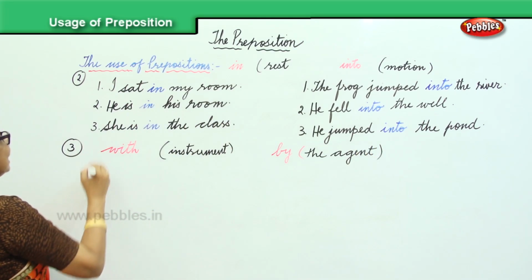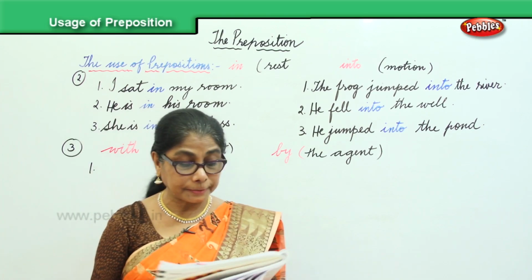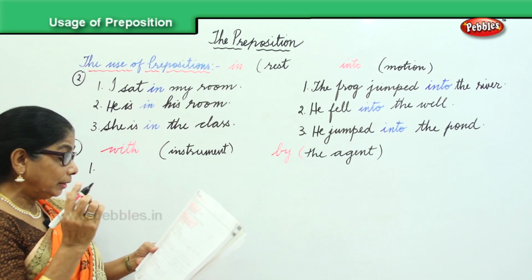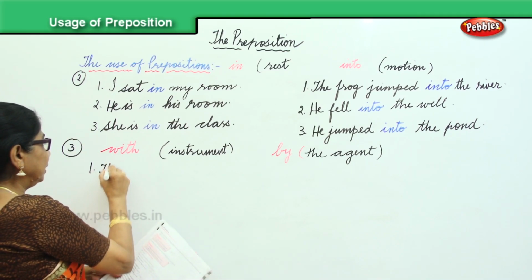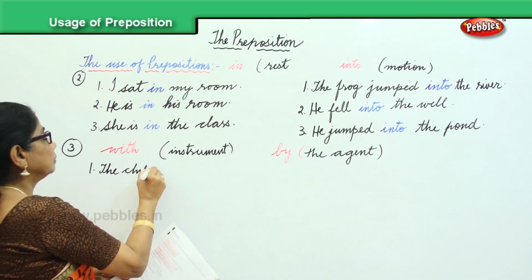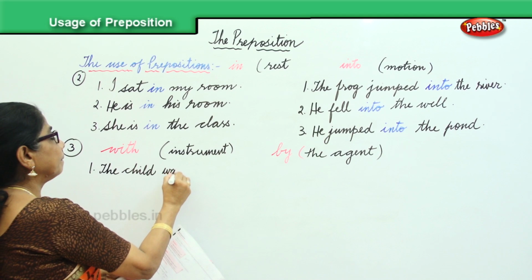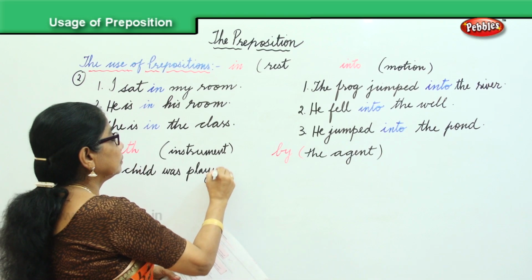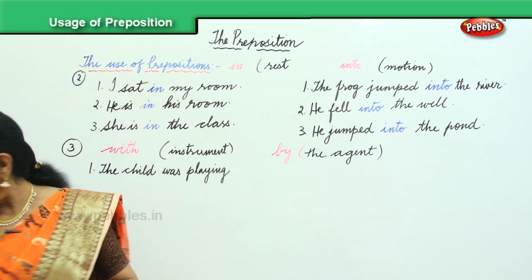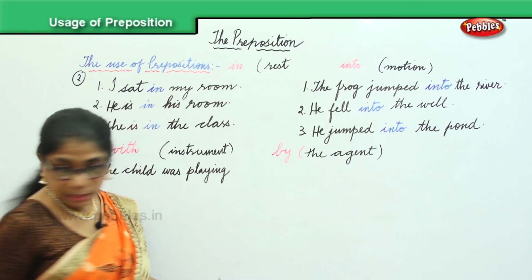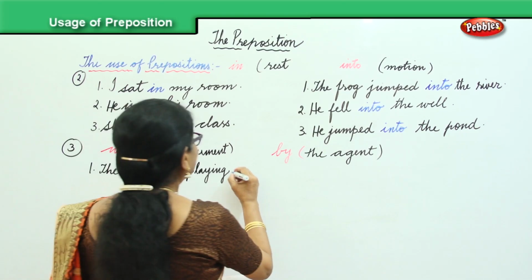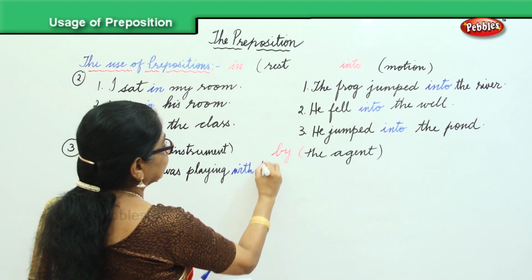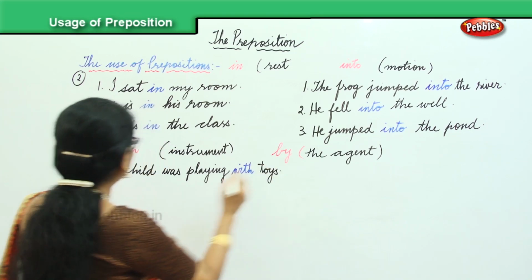Now let's look at the sentences I have here for you. First, the child was playing with toys. The child was playing with. With what? With toys. Let's look at another sentence.